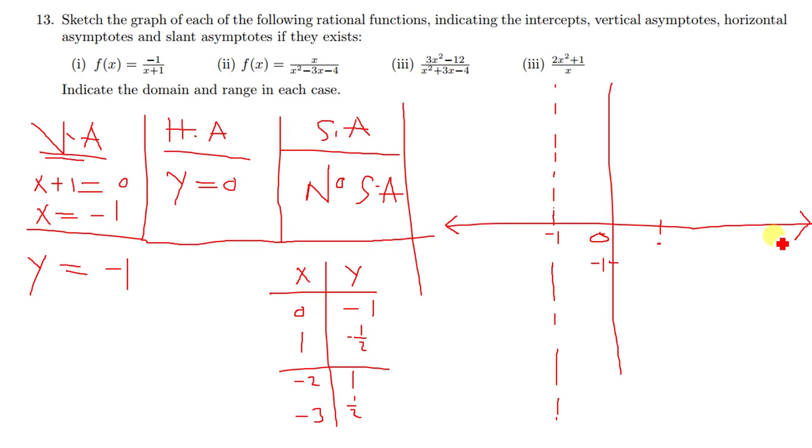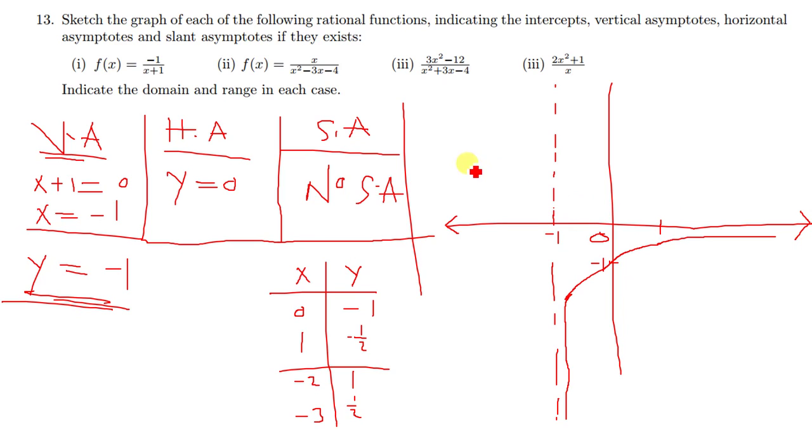So meaning it's going to just come out like that, and then it's going to cut the y-axis at -1. So this is how it's going to come out. -1 was the y-intercept, which is here. Then our horizontal asymptote is y is equal to 0, which is this one here.